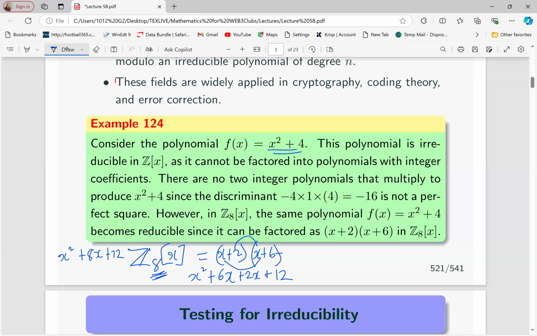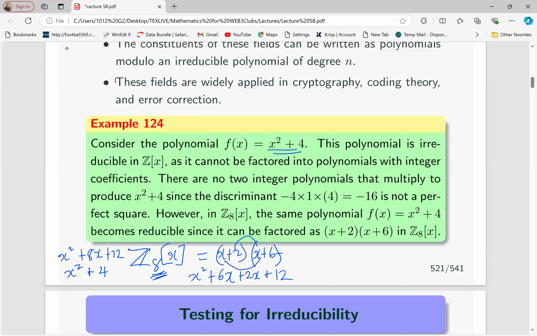And I said we are considering mod 8. So when you consider mod 8, this becomes x squared. 8x becomes 0. And 12 becomes 12 mod 8. If 8 were to go into 12, the remainder will be 4. So you can see that I've been able to factorize this in the field of integers mod 8.